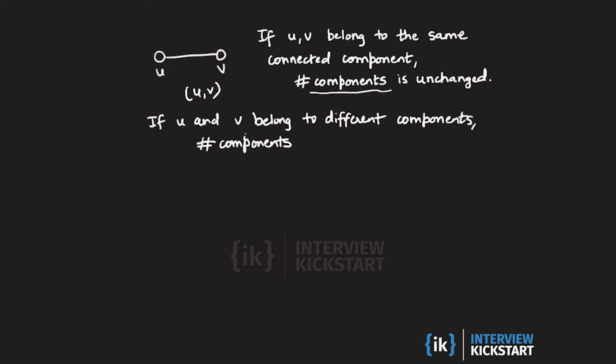If, on the other hand, u and v belong to different connected components, then by adding this new edge between them, the number of connected components decreases by 1, because the component to which u belonged now gets unified with the component to which v belongs, and so the total number of connected components decreases by 1.